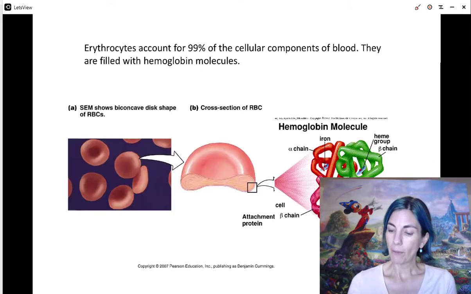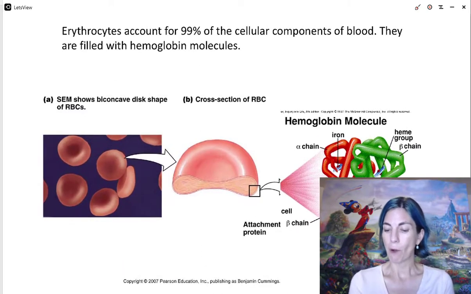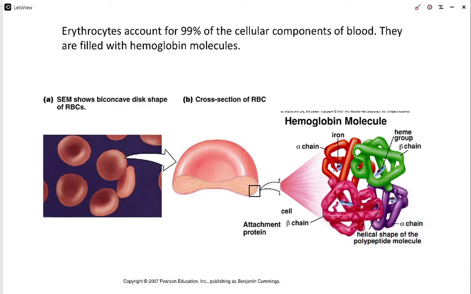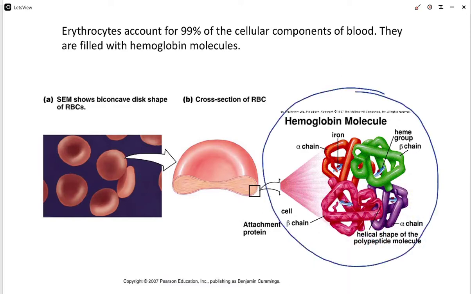So I'm going to come down here and just show you for a moment what hemoglobin looks like. You are not responsible for knowing all of the nuances of hemoglobin. I want you to know that there are 4 subunits, and that at the center of every subunit is an iron atom. And the reason why I want you to know that iron is important is because iron is required to build hemoglobin.